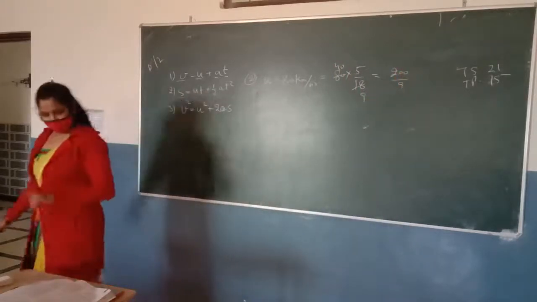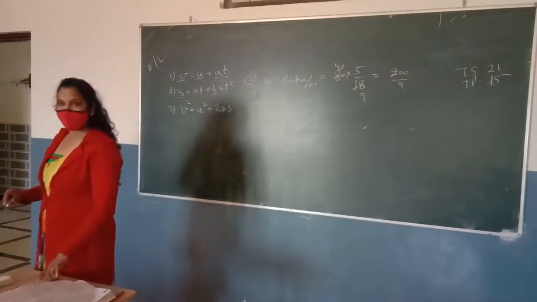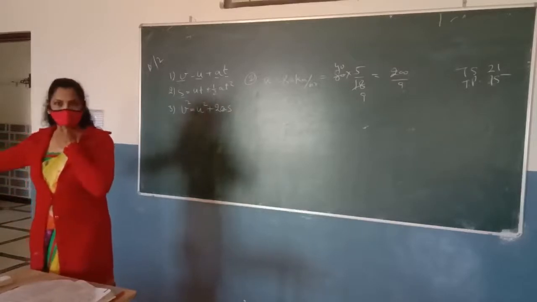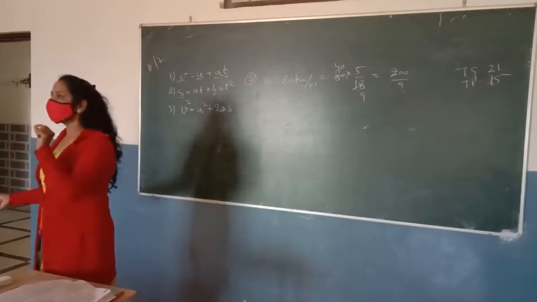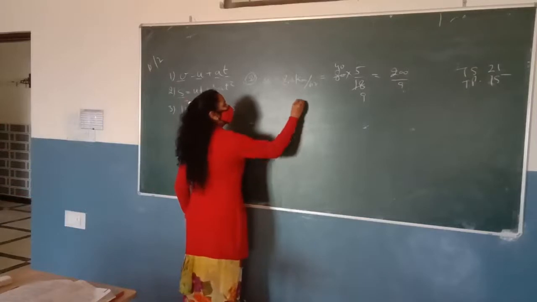Same as the question says, finally its velocity changes to 60 km per hour. The final velocity will be represented by the symbol v. So what is v here? It is 60 km per hour.